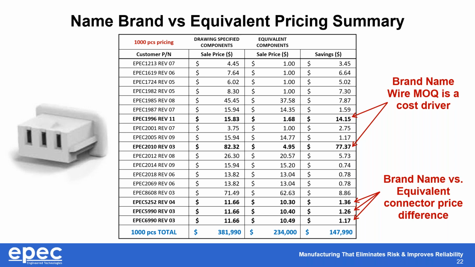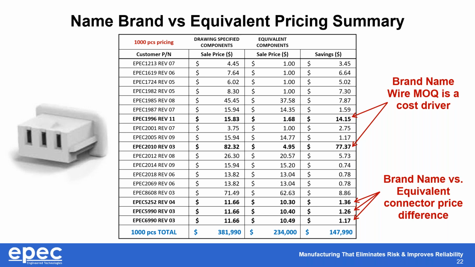When it comes to a brand name versus equivalent connector, those price changes are a lot smaller, but it's really just because the off-the-shelf connector may be 50 cents and our equivalent is 20 cents, whereas the wire can be $500 to $1,000 per spool and be thousands of linear feet.